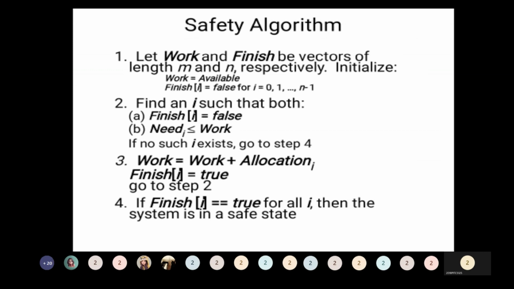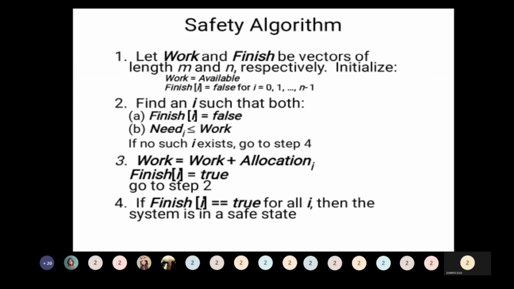Finish[i] equal to false for i equal to 0, 1 up to n minus 1. Find an i such that both finish[i] equal to false and need[i] less than or equal to work. If no such i exists, go to step 4.